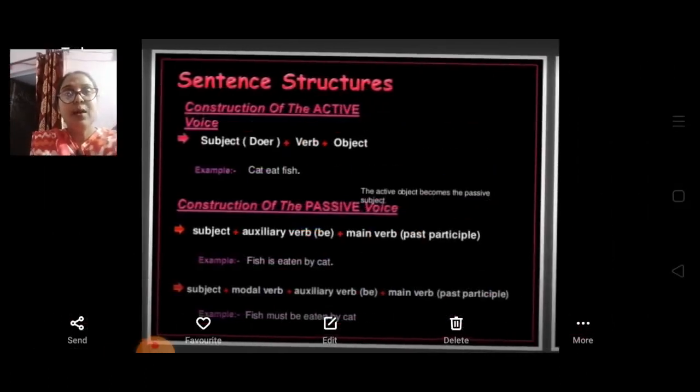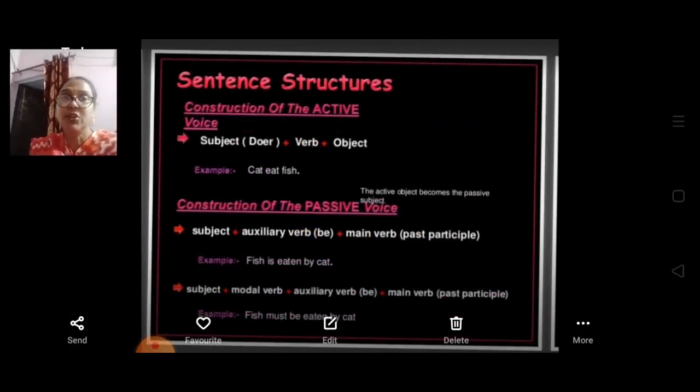So let's see the sentence structure. Construction of the active voice: as I already told you, the subject will be there, which is the doer, then the verb and then an object. Now, construction of the passive voice. How are we going to construct it? First the subject, then the auxiliary verb and the main verb.